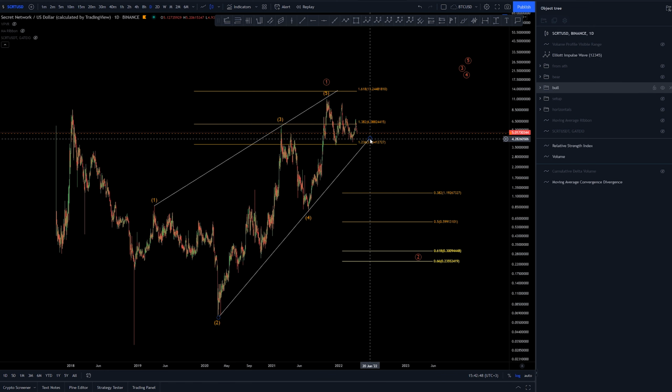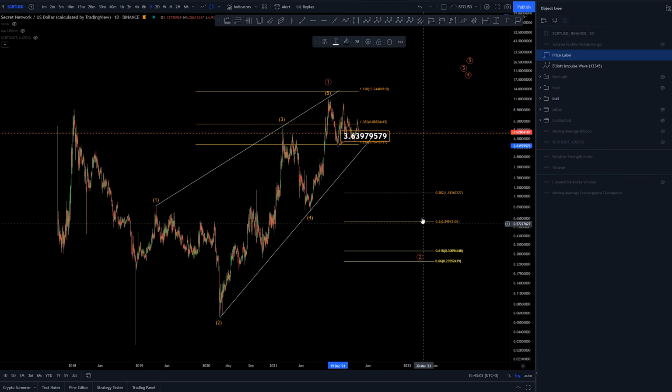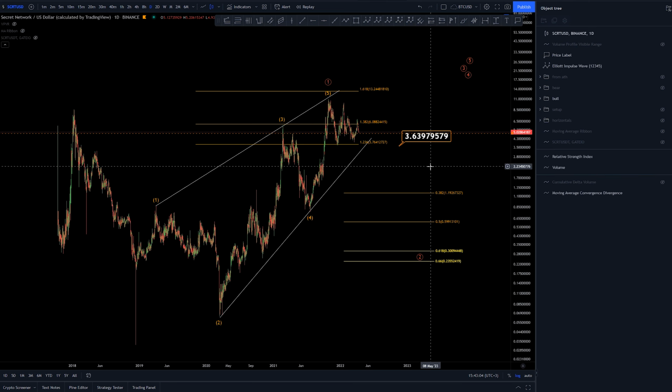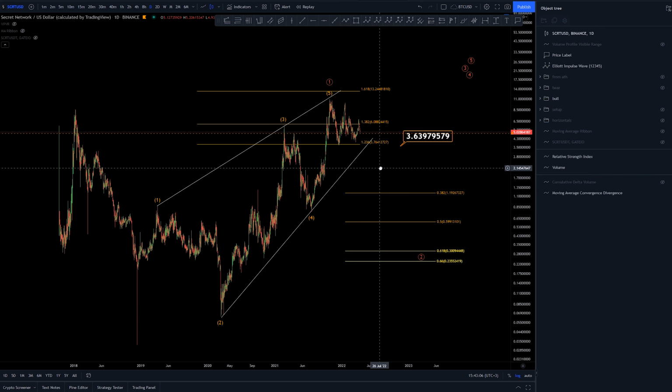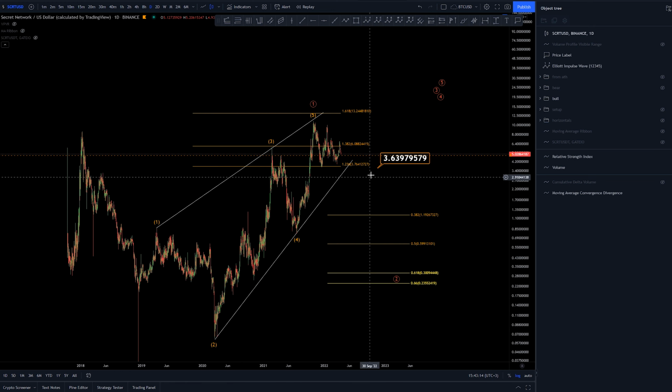We could see some more bearish action most likely if we go below this trend line, go below these lows here around the 16th of December last year. There's around $3.63 or 64 cents. There are most likely going to be a lot of stop losses hit in this area, so the price might take a good beating downwards.